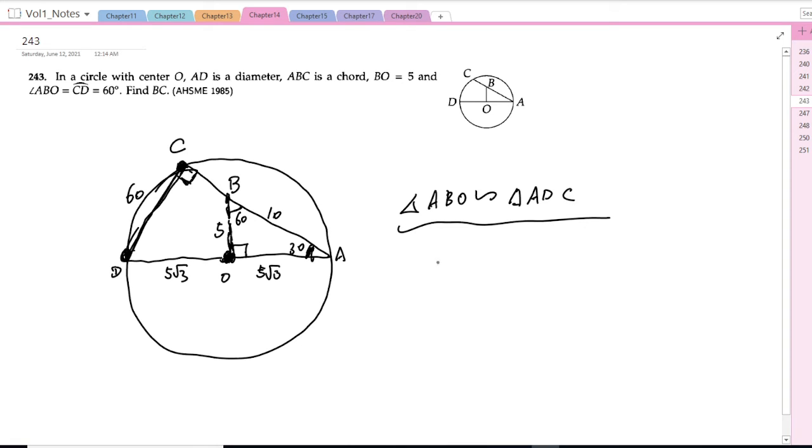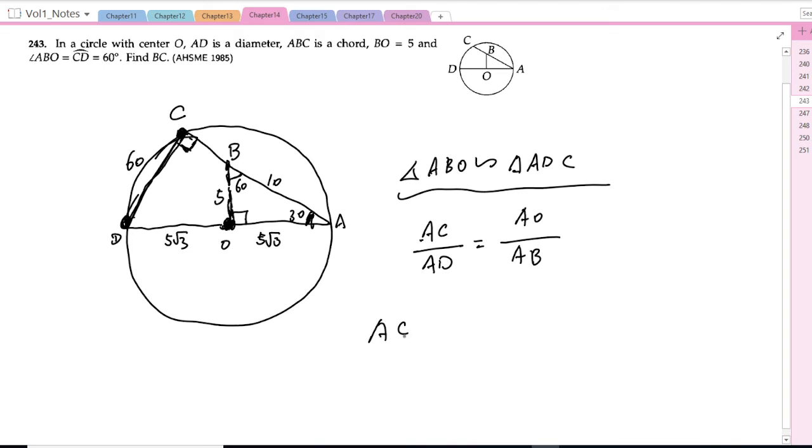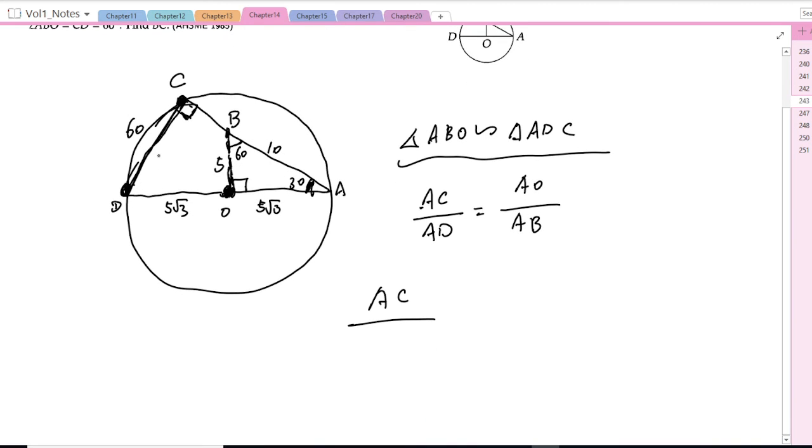So now we want to know the AC, right? We want to know the AC. So AC over AD is the hypotenuse, right? It is equal to AO over AB, the hypotenuse. So AC over AD, which is 10 root 3, is equal to AO, which is 5 root 3, over AB.